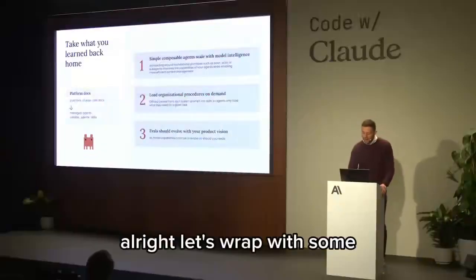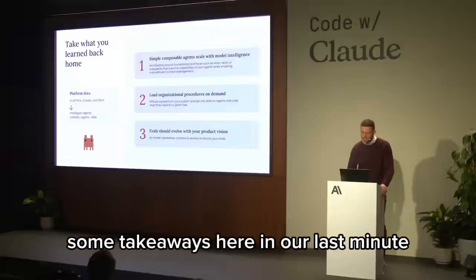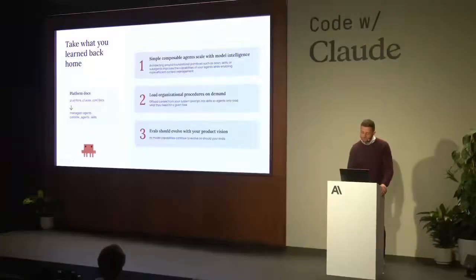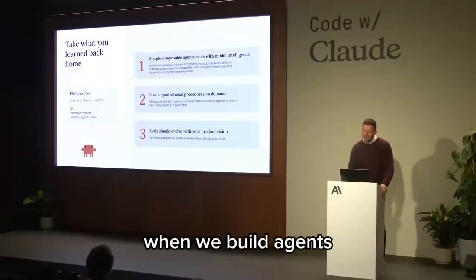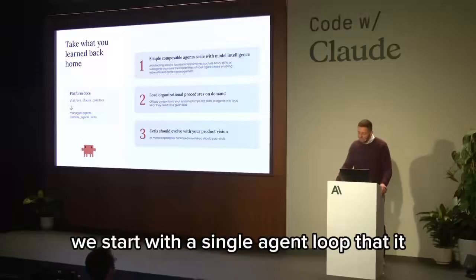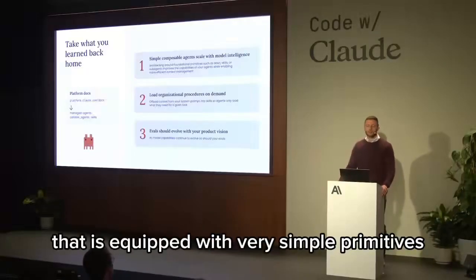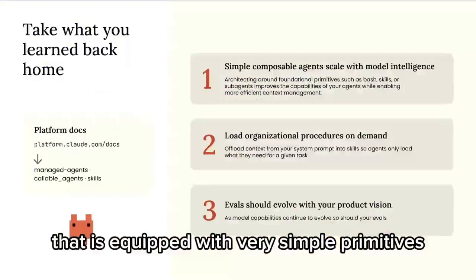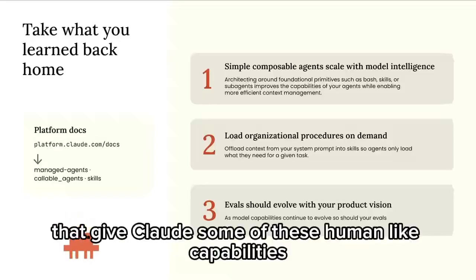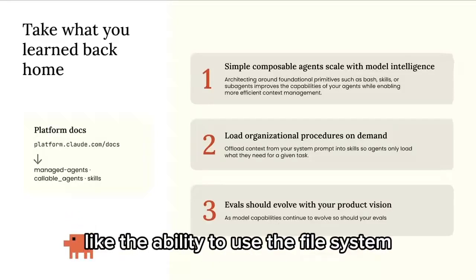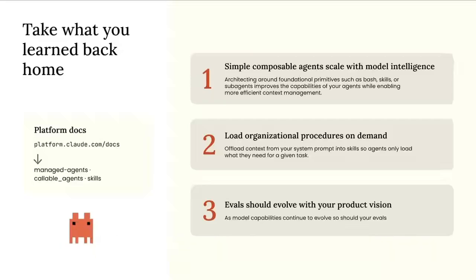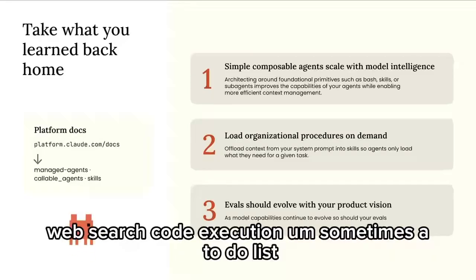All right, let's wrap with some takeaways here in our last minute. When we build agents, we start with a single agent loop that is equipped with very simple primitives that give Claude some of these human-like capabilities, like the ability to use the file system, like the one that you have on your computer, web search, code execution, sometimes a to-do list.